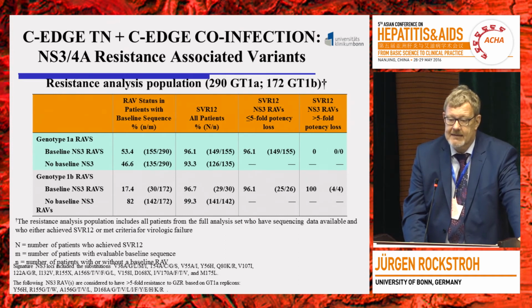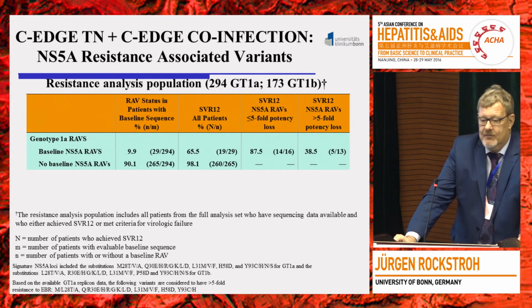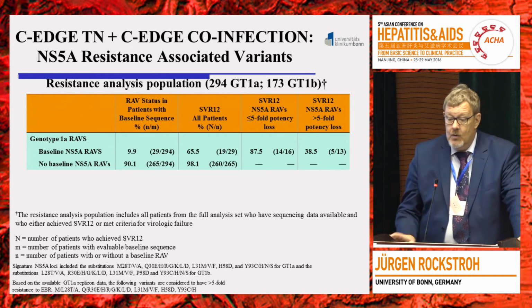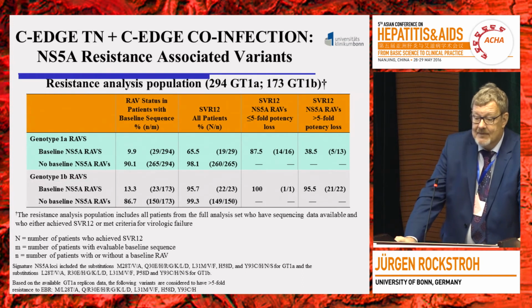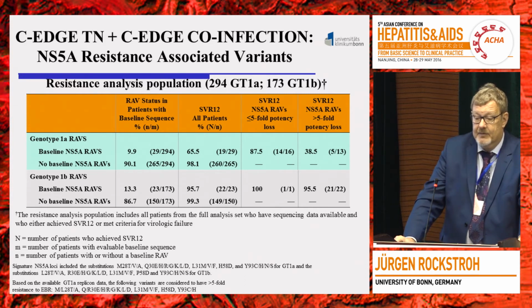That's true for the NS3-4A region as well as for the NS5A mutations, where you do see no impact when you look at the RAVs, including those who have a more than 5-fold potency loss against elbasvir. You still have an SVR rate of 95%.